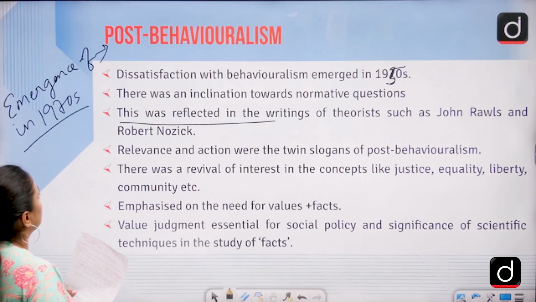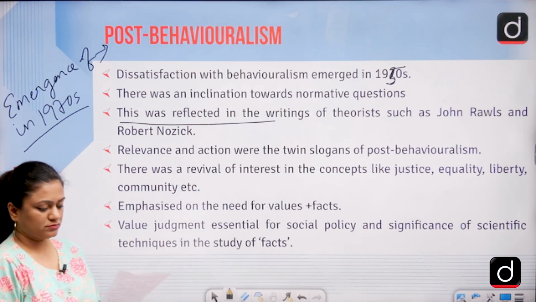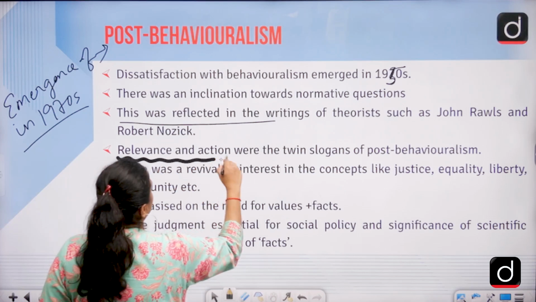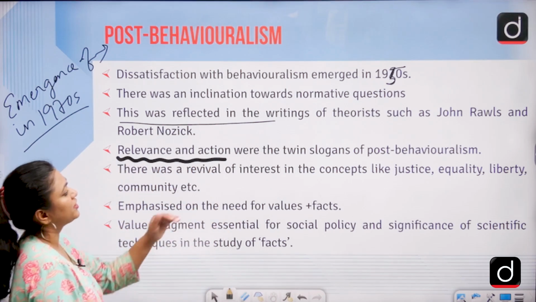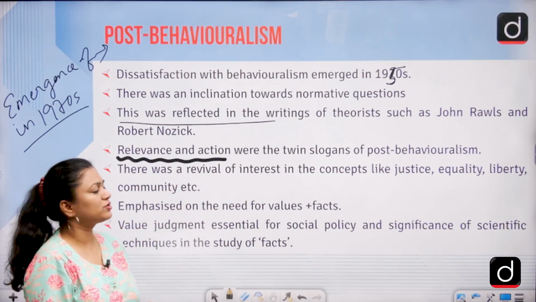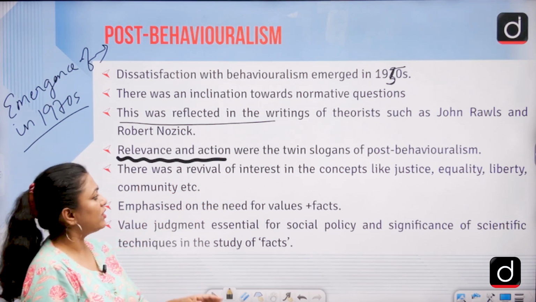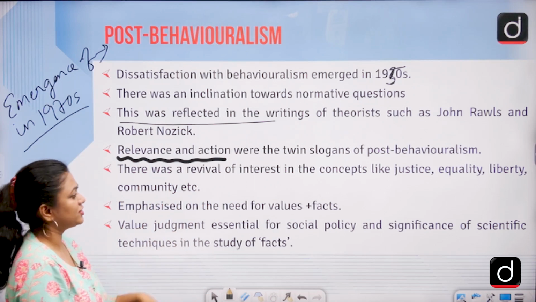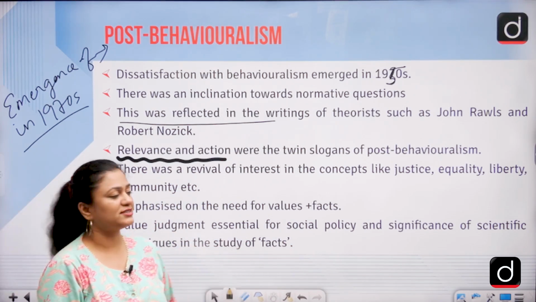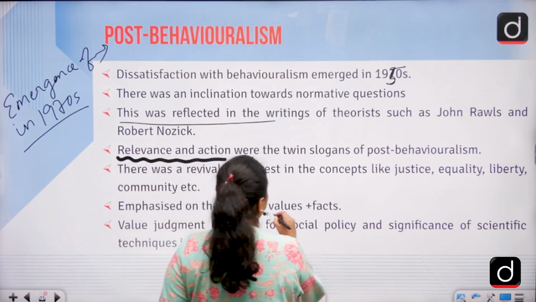So relevance and action were the twin slogans of the post-behavioral period. There was a revival of interest in concepts like justice, equality, liberty, community, etc. It emphasized the need for values plus facts, which is more important.